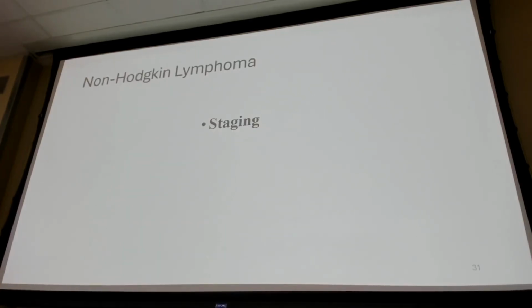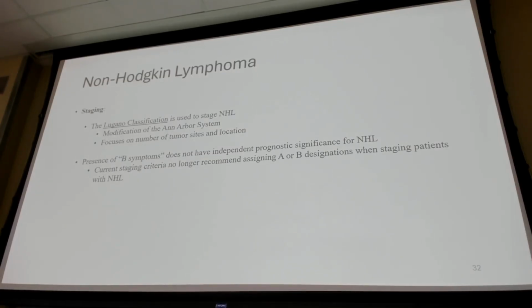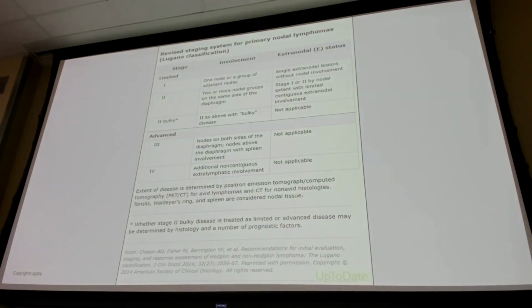Non-Hodgkin's. Staging: Lugano classification. Presence of these symptoms does not have independent significance. Let's talk about Lugano for a second. So 1, 2, 3, 4, depending on what nodes are involved, how many, and where.